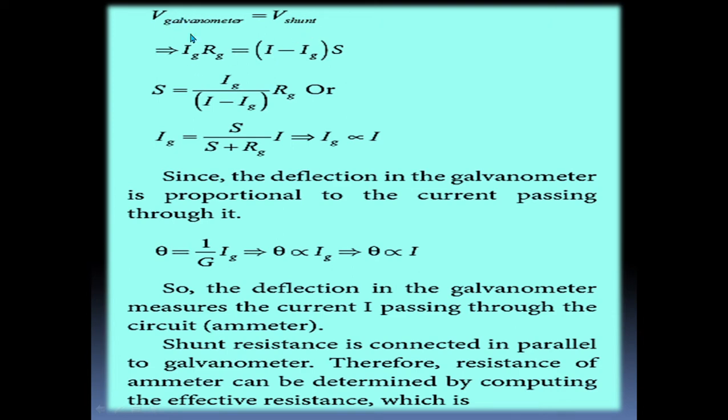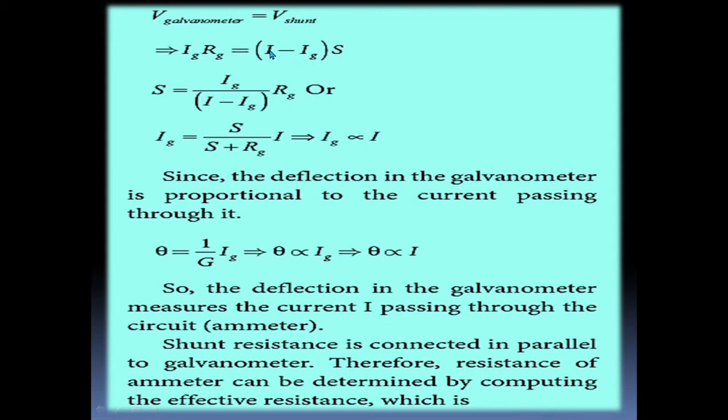According to Ohm's law, V is equal to IR. Here the galvanometer voltage is IgRg, which is equal to the shunt resistance voltage, I minus Ig into S.